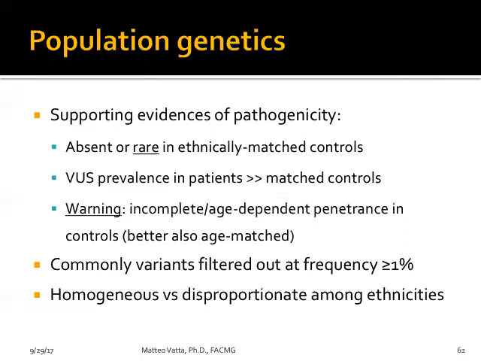Usually 5 to 10%. So only 5 to 10% of subjects who are homozygous or compound heterozygous for those variants may show a clinical phenotype, which can be very severe, but the penetrance is very low. And in the general population, those variants can be overrepresented. So we cannot always call something benign just because it's present in the general population.